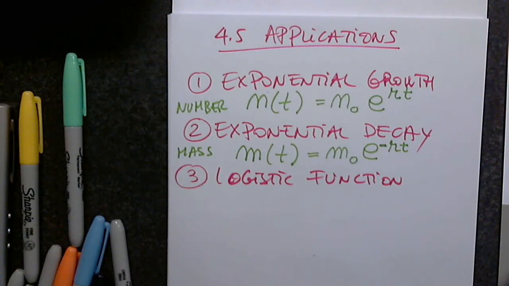I don't know, it can be in hours if it's bacteria, it can be in years if it's fish, who knows? What about this? Here we're talking about the mass. So the t's are not the same? They are the same. This is time t, and this is time t.